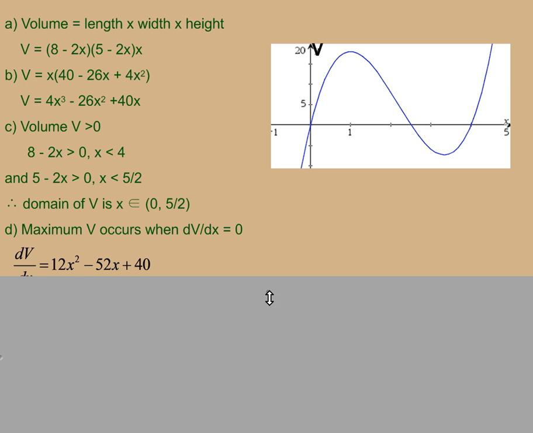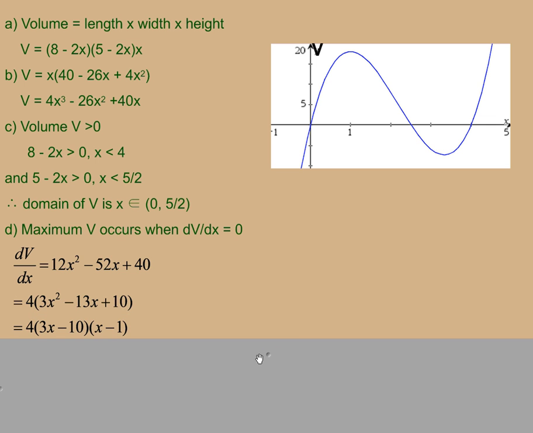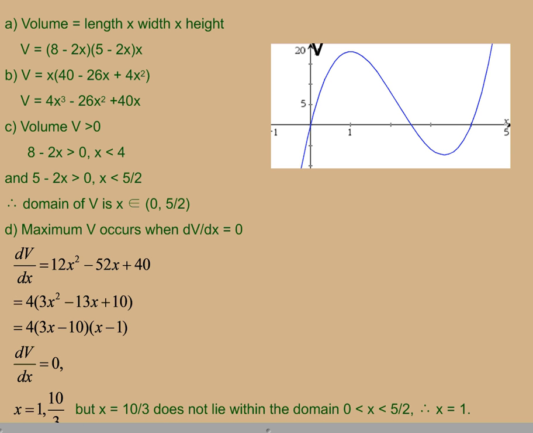So that factorises, and we want to know when that's equal to 0. So solving that suggests then that there are two values, x equal to 1 and 10 over 3. The x equal to 1 falls within our domain, which means it's this particular value up here.